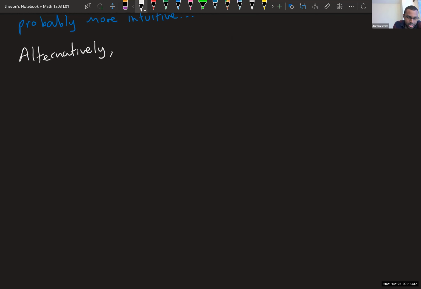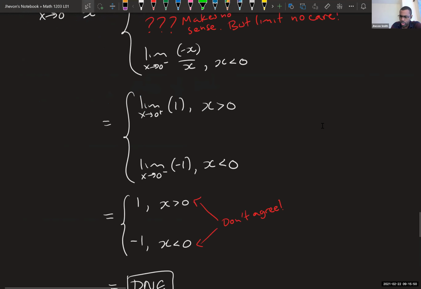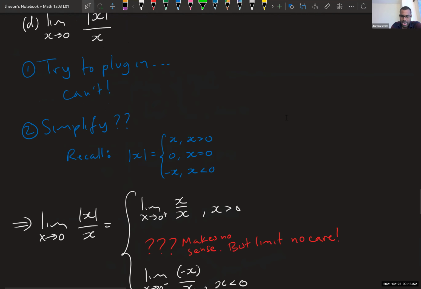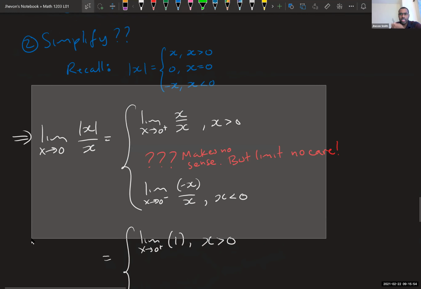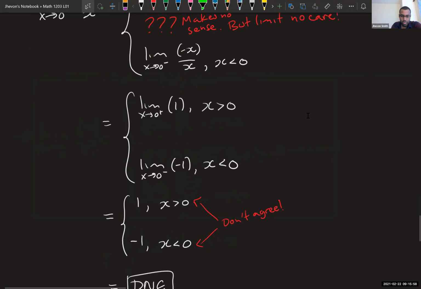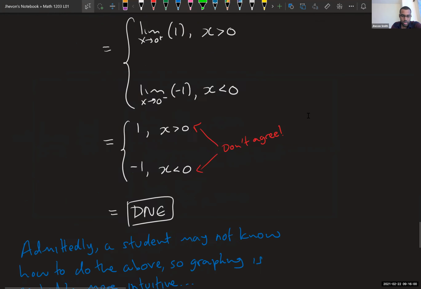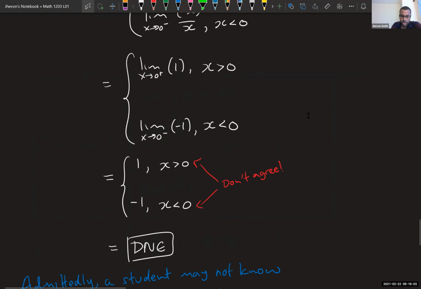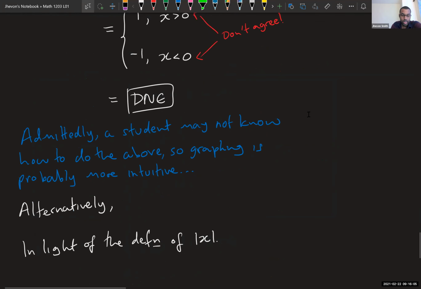Again, in light of the definition, but sometimes even knowing that definition and knowing how to actually write something down mathematically and express your thoughts mathematically, that's a whole other skill in itself. And that might just not be something that we are comfortable with at this point, which is fine.